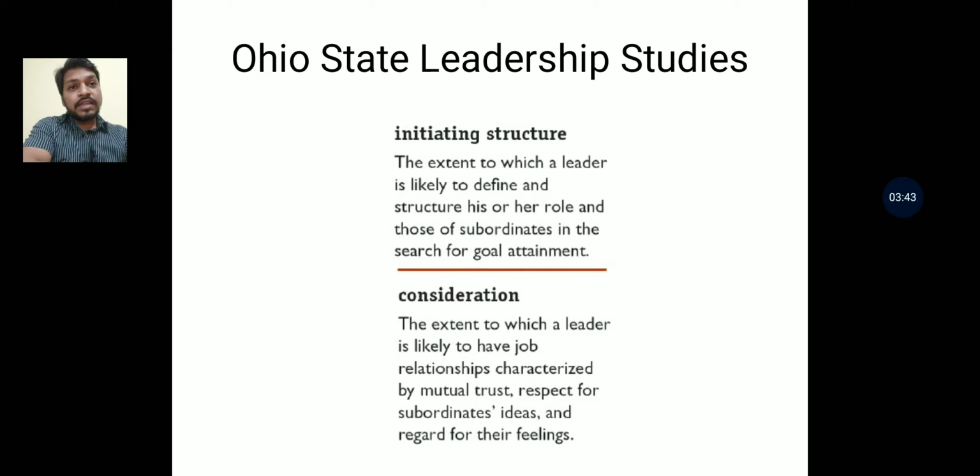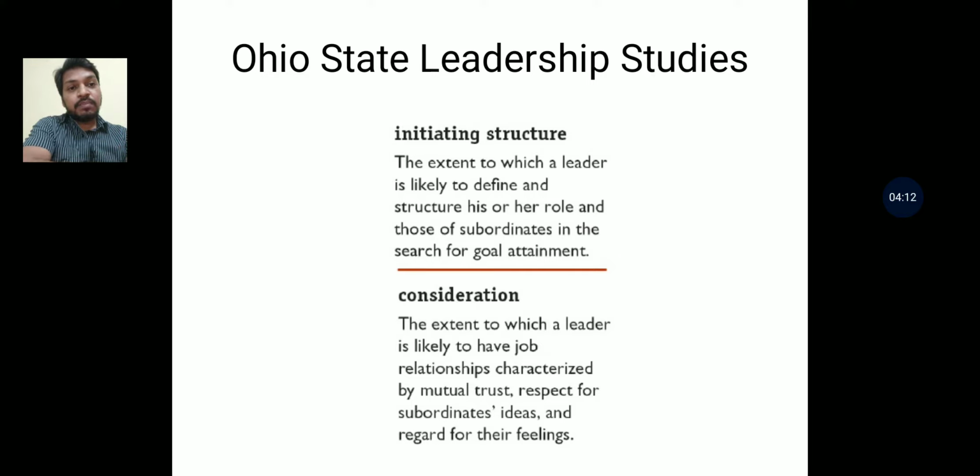If a leader is given a particular job and tries to initiate a particular structure, if he is very structured and organized in the way his relationships and the company are run, then that is initiating structure inside the company. Many leaders behave with initiating structure. They initiate a particular structure and then they do the work. While there are leaders who do not initiate any structure, they are very haphazard in their work, and they can achieve results even without the structure.